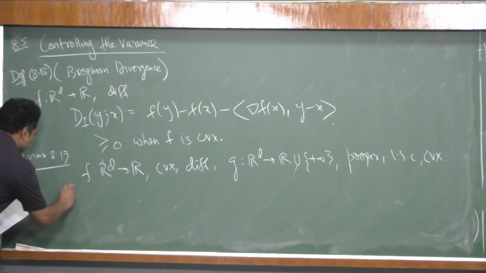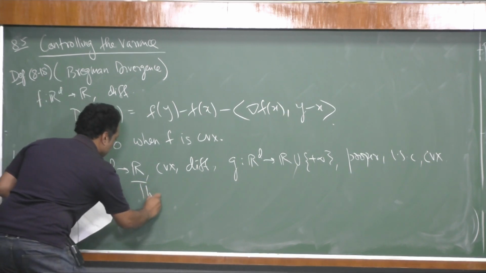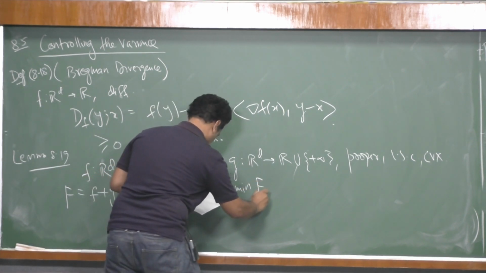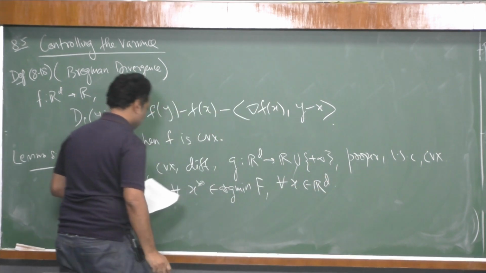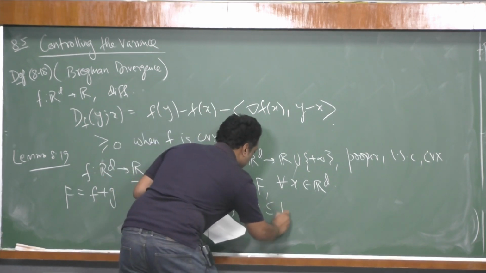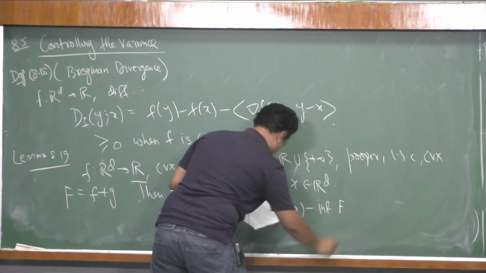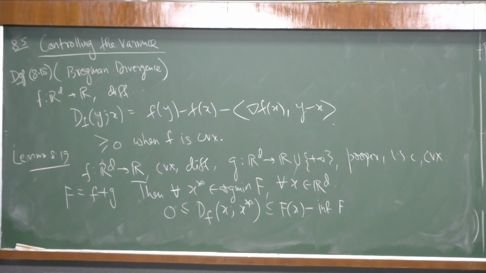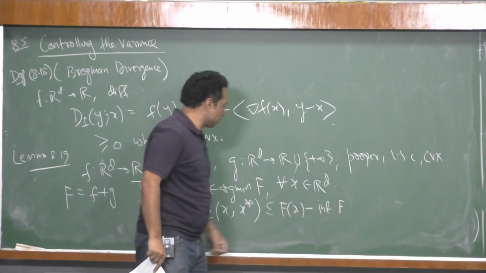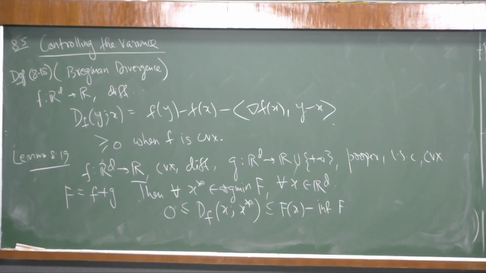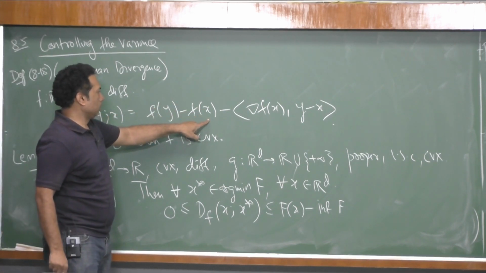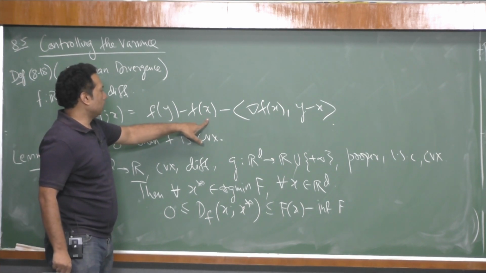Then if we look at capital F, which is f plus g, then for all x star in argmin of F, for all x in R^d, we have this result: 0 is less than or equal to D_f(x, x star), and this is less than or equal to f(x) minus the infimum of F. So this is the result on Bregman divergence, which says that it lies between 0 and an upper bound, f(x) minus the infimum of F. We know that if f is convex, this being greater than or equal to 0 is the first order condition for convexity, right?